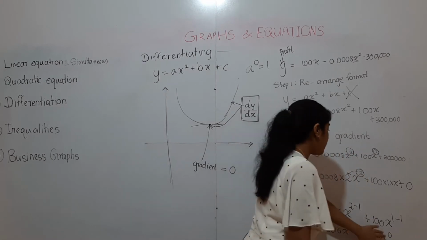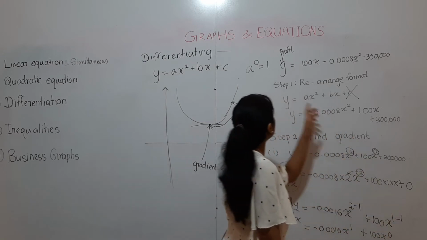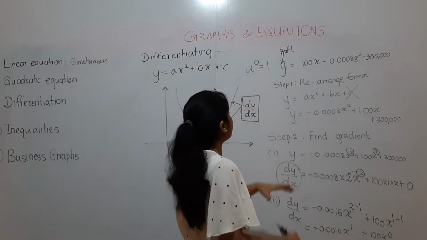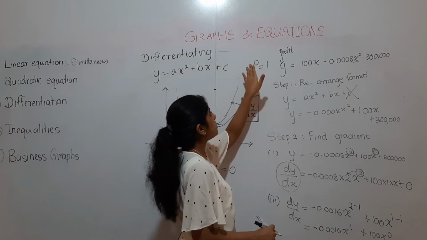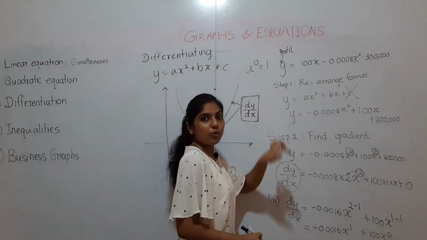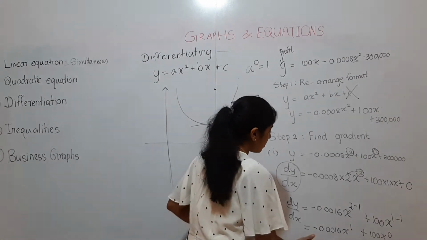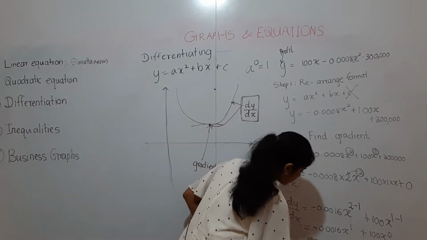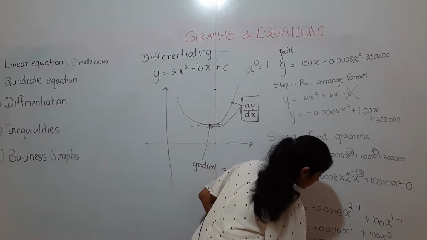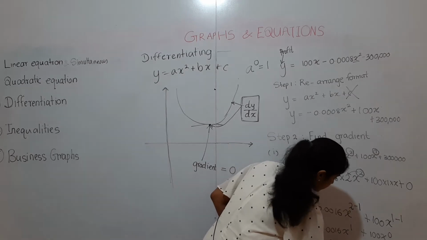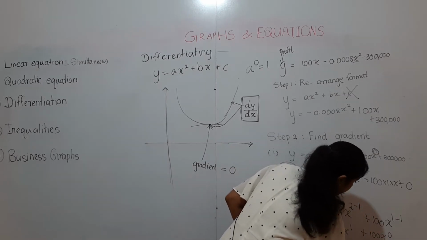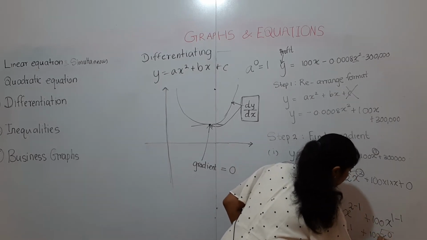I told you x to the power 0 is always equal to 1. Anything to the power 0 is always equal to 1. And so this again will be plus 100, because this part becomes 1.